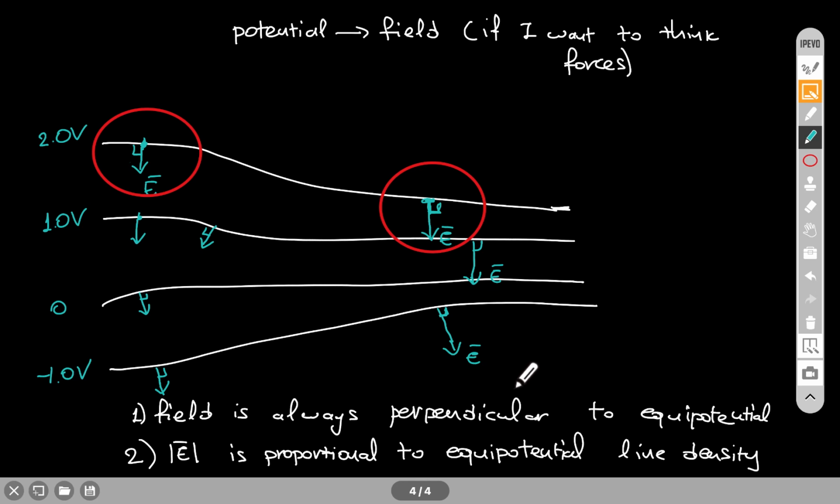These are the two properties of equipotentials that can help you find the electric field vectors. I'm going to close here. When you have equipotential lines, these two rules are the only things you need to know in order to determine what the electric field looks like in that area.